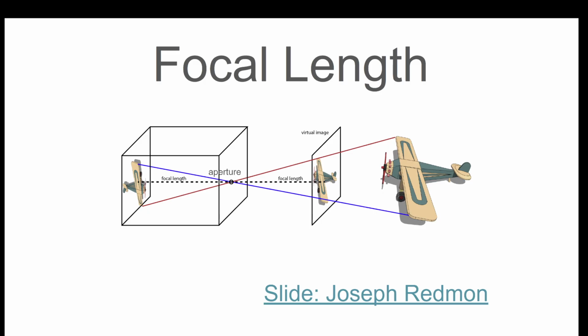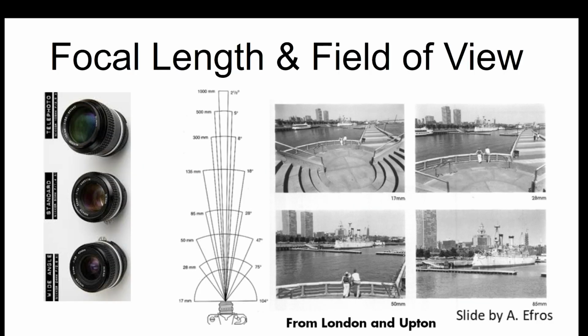And we can see why this is the case, right? We have our focal length, we have our aperture, and then we have a focal length on the other side. So the larger the hole, the more our image plane is going to be centered just on what's in front of us. Aperture is the size of the hole.